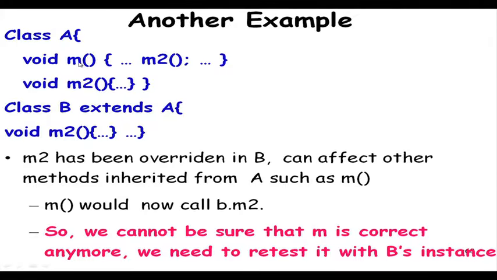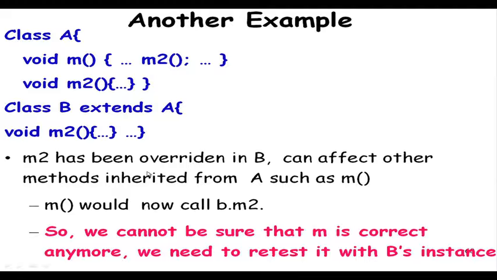So, even though m worked correctly in the context of class A, the same m when inherited in class B, m is calling m2, but m2 will bind to the m2 in class B, and therefore, m can fail in class B.